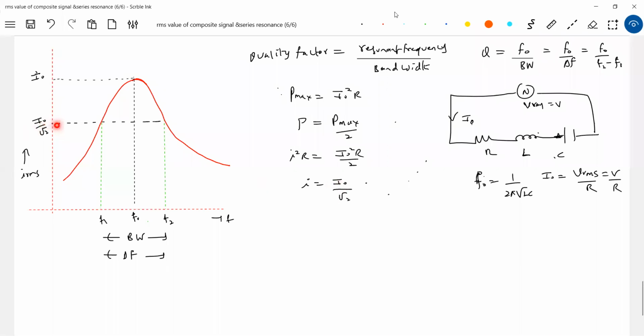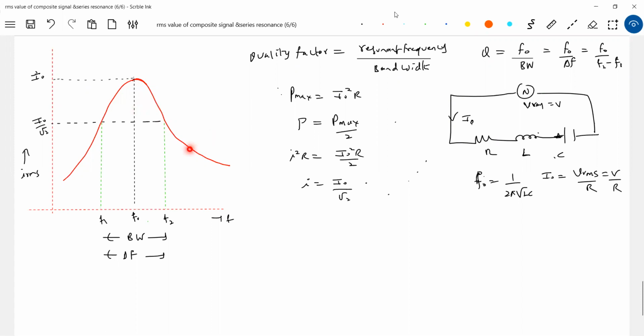Why don't you write I naught by 2? You should pick up only those frequencies where the power is half of the max, not where the current is half of the maximum current. Able to understand the logic? So all those frequencies where the power is half of the maximum power are useful for the application along with resonance. This is the main thing. Along with this, these frequencies are also going to help us a lot.